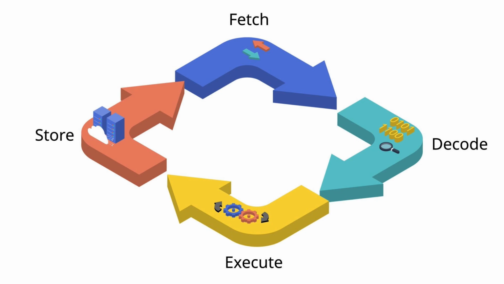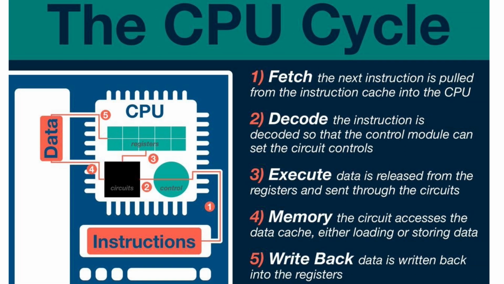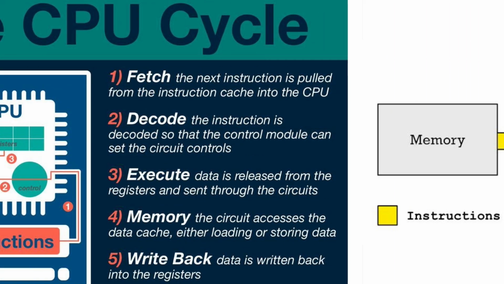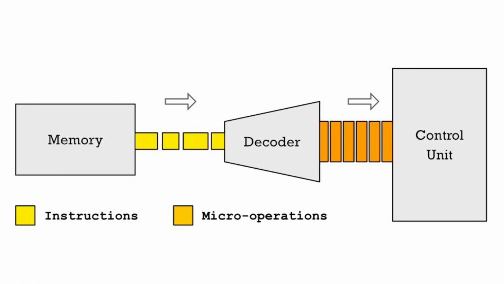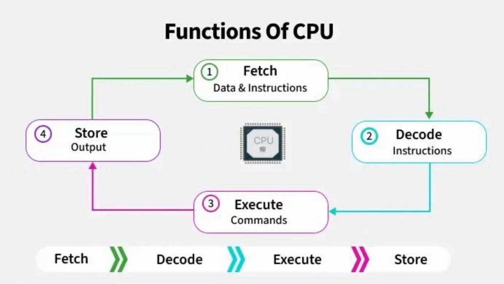The CPU understands what the instruction means. It decides what action needs to be performed. Third, execute. The CPU performs the required operation, such as a calculation, comparison, or data movement. This entire cycle happens millions or even billions of times per second, which is why computers are so fast.